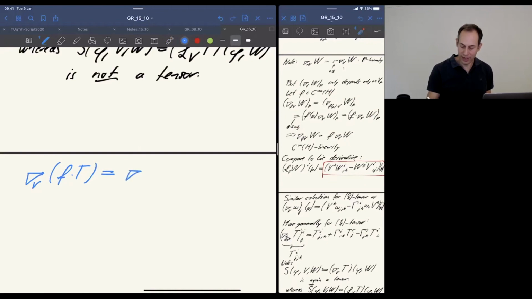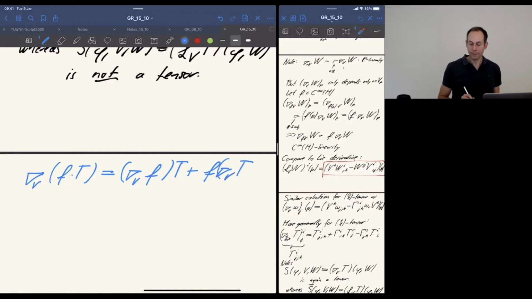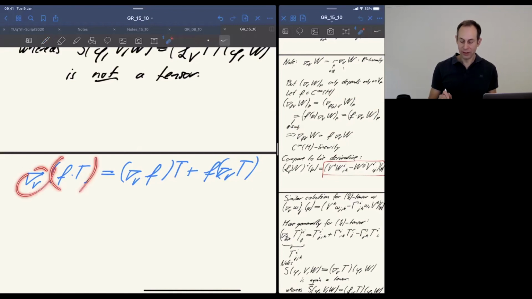So it's like taking the derivative of f and then the tensor, plus f times the derivative of the tensor. So in other words, if I look at this nabla here and say this is an object that eats a tensor, then this object is not C infinity linear. So that's what this thing here says.